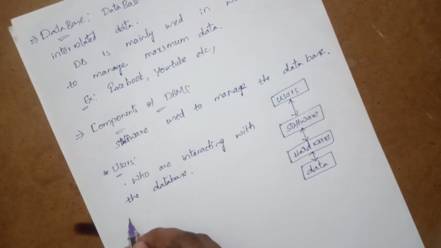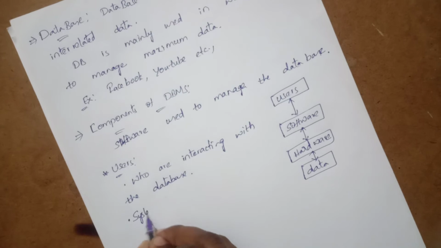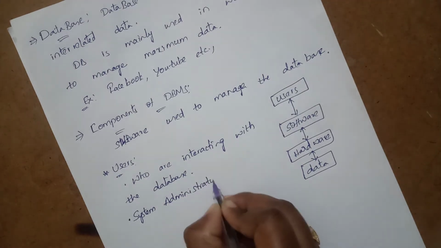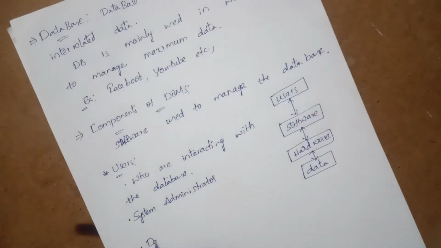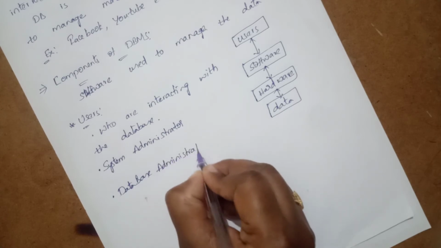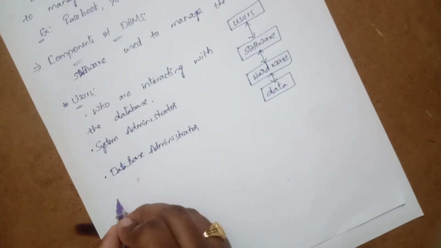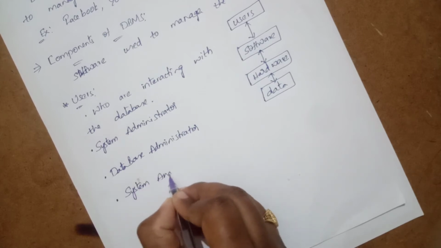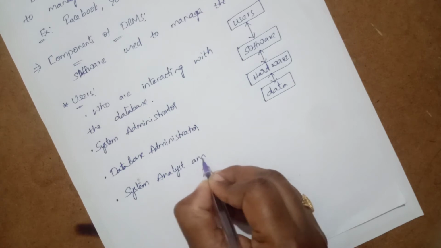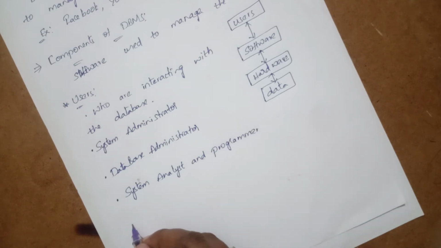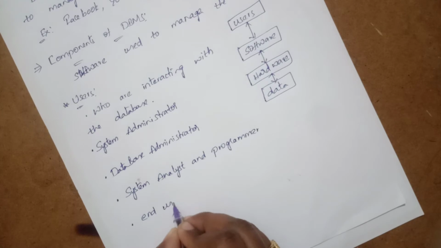and the users are, first one is system administrator, and next one is database administrator, and the next one is system analyst and programmer, and the last one is end user.